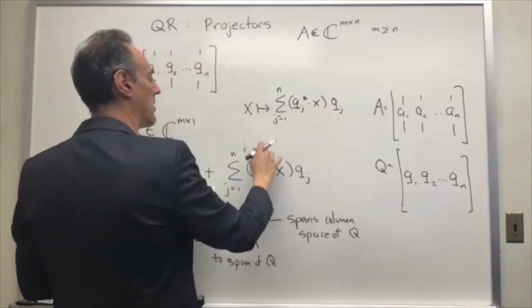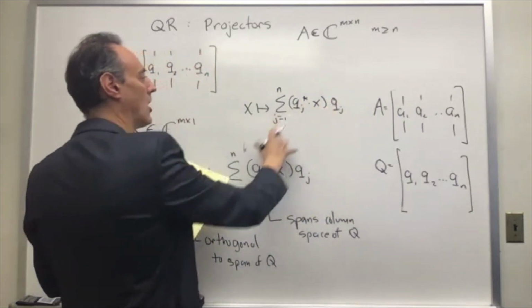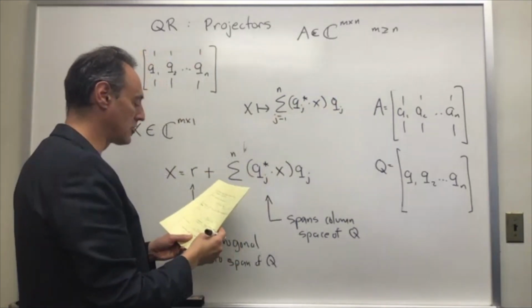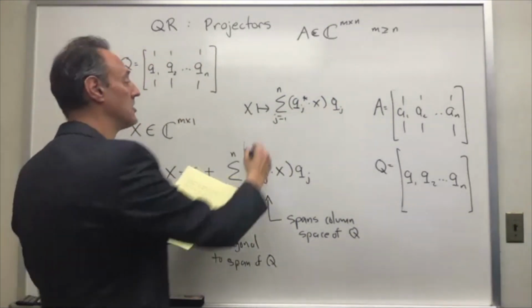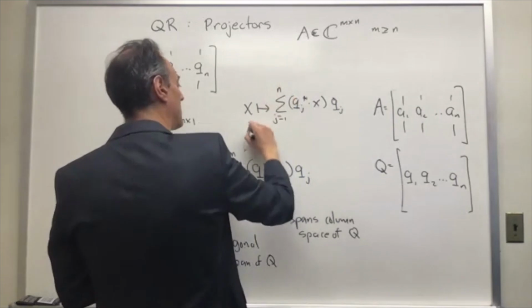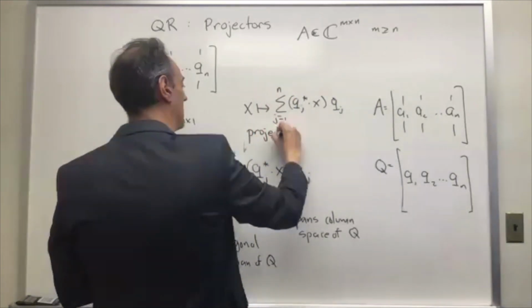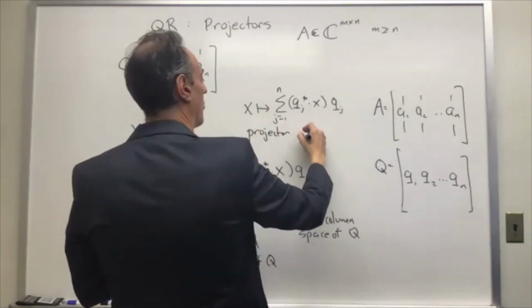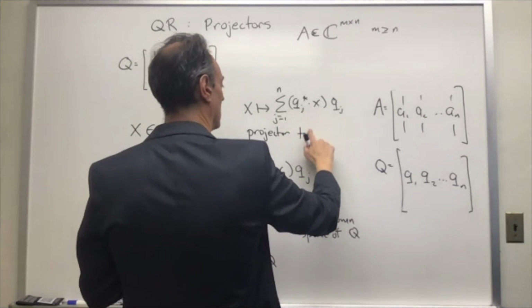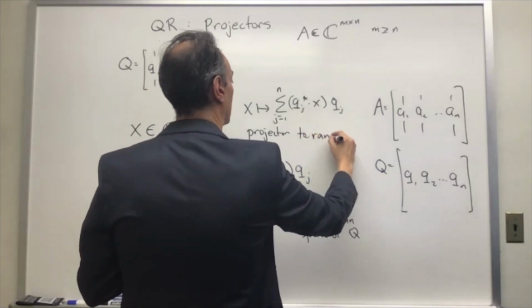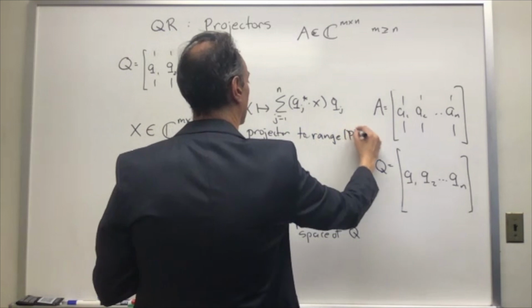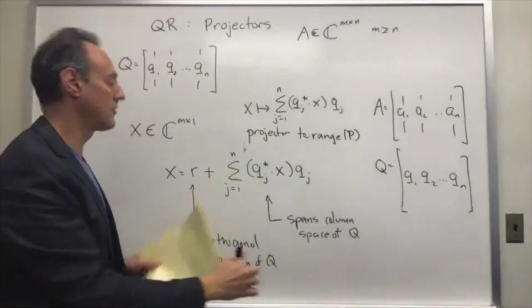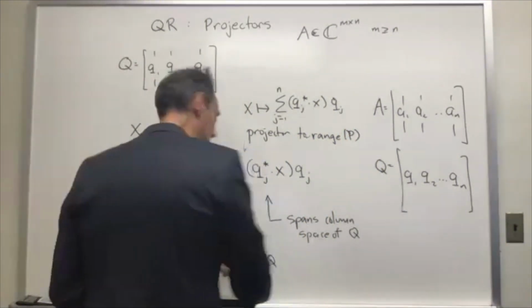This component here is a mapping onto this n-dimensional subspace, or one way to say it is this gives us a projector to the range of Q.